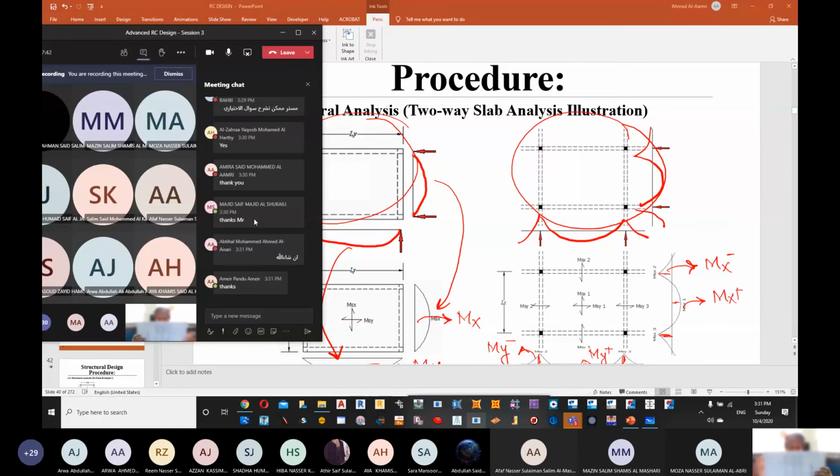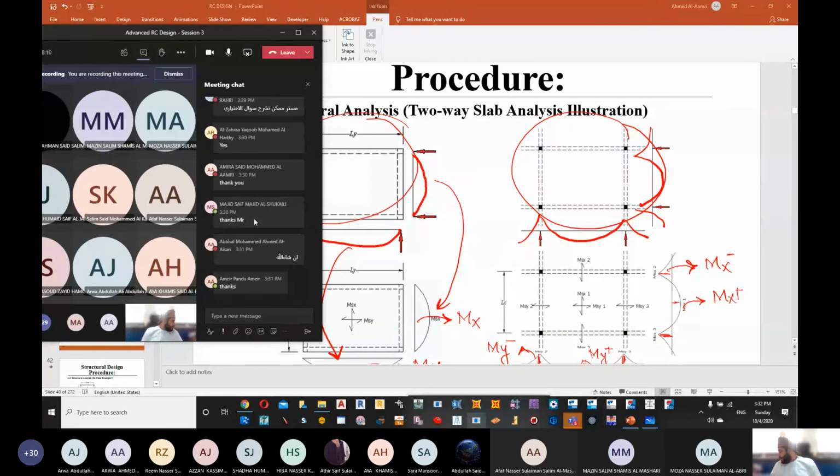So these two dimensions do not have that big a difference, and this acts like a two-way slab. This can bend in this direction, and it can bend in the other direction. So both directions are there. That's why we call it a two-way slab, because it bends in 2 directions.